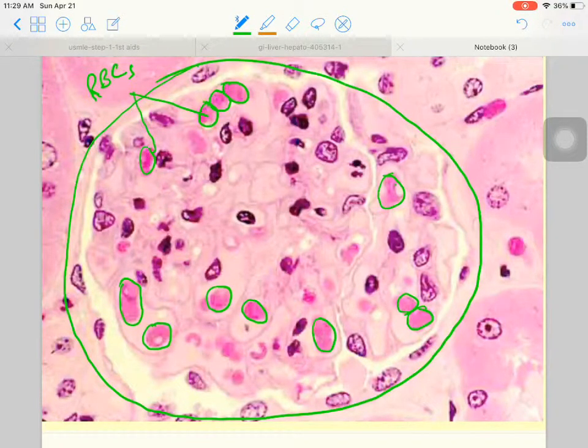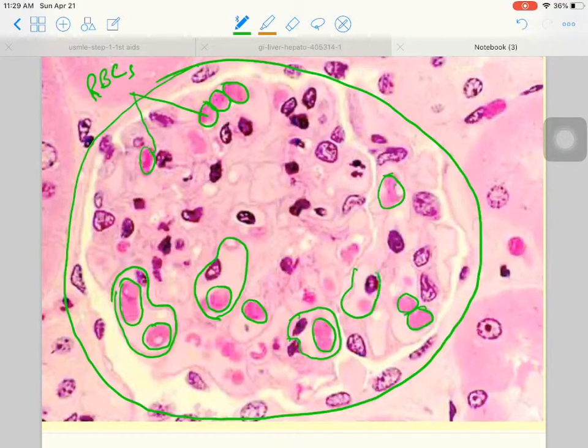And we know that RBCs are present in the glomerulus, in the glomerular capillaries. So here we have one capillary, a second capillary, and another capillary here. These are the capillary network having the nucleus. This is the nucleus of the capillary, nucleus and nucleus.